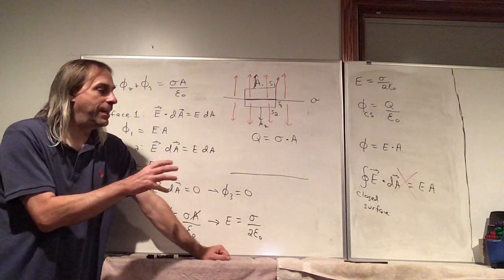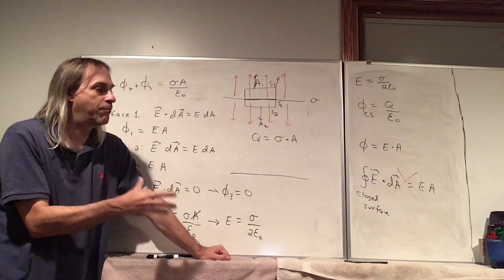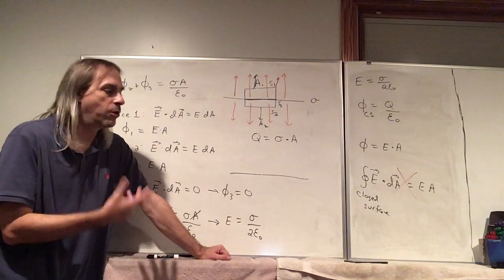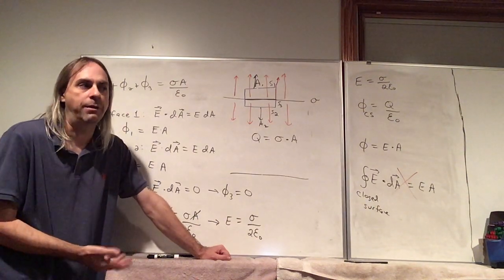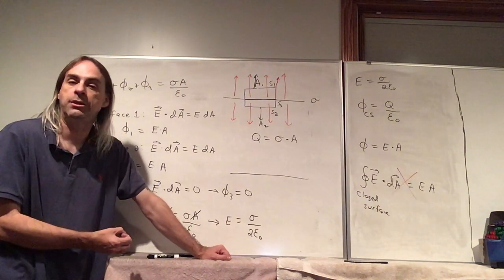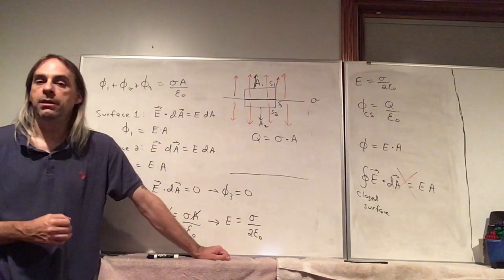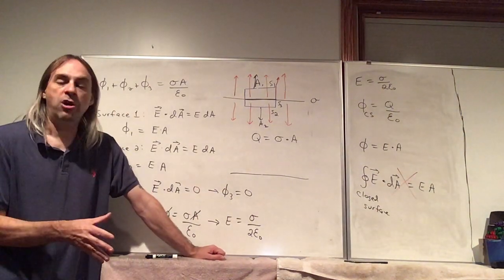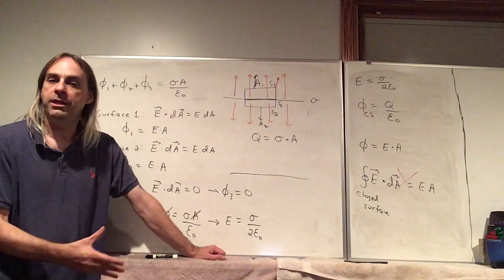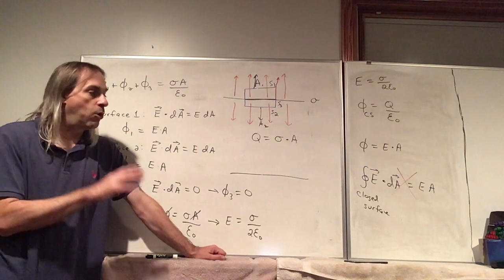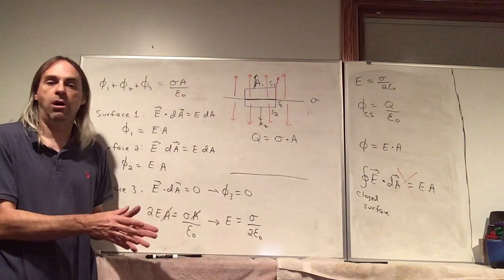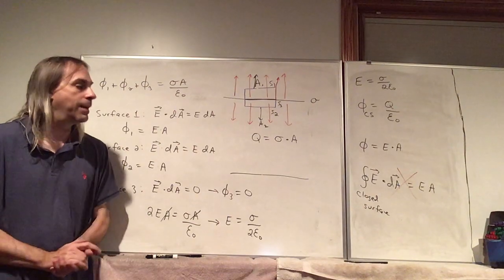So you can get this impression that the flux is always going to be the electric field times the area, because every time you use Gauss's law, that's going to be the result. However, we're only using Gauss's law in very special cases. And so don't think that whenever you see Gauss's law, the flux is just the electric field times the area.